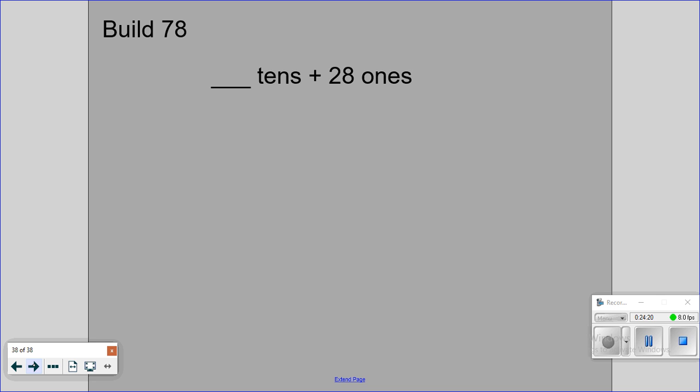Eyes on your own desk, Harper, so that you can figure it out. How many tens? Ashlyn, how many tens do you need? 5 tens. Harper, what is 5 tens worth, though?